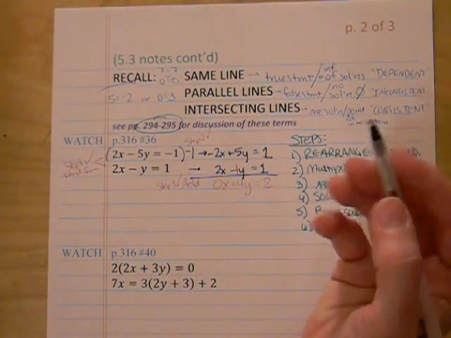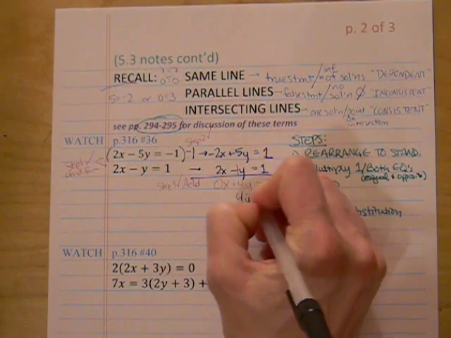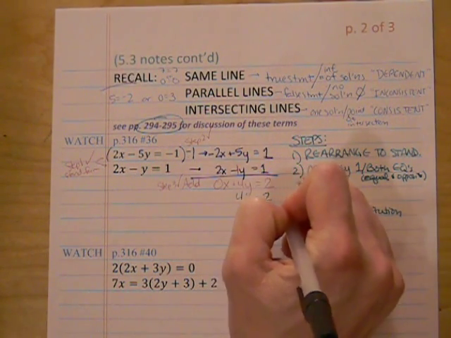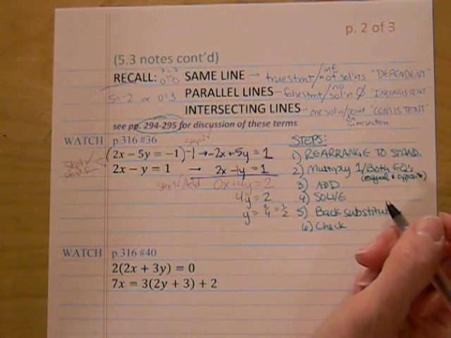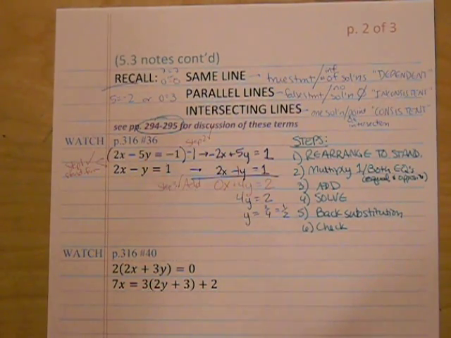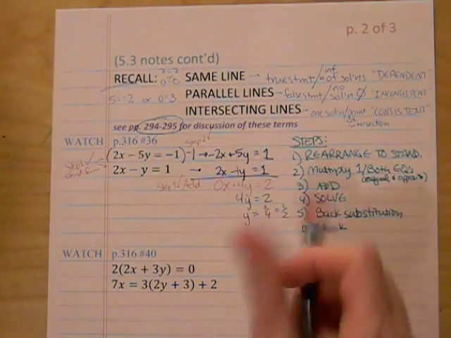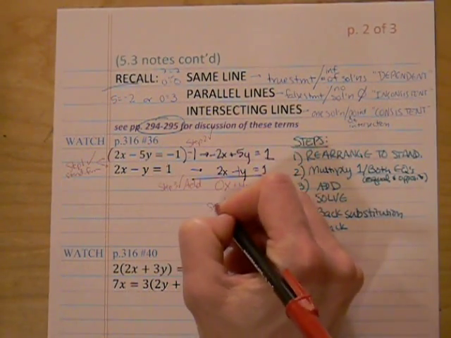So that leaves me with 4y equals 2. Divide both sides by 4 and reduce. I get y is equal to positive 1/2. Then I can use back substitution. So this right here was step 4.